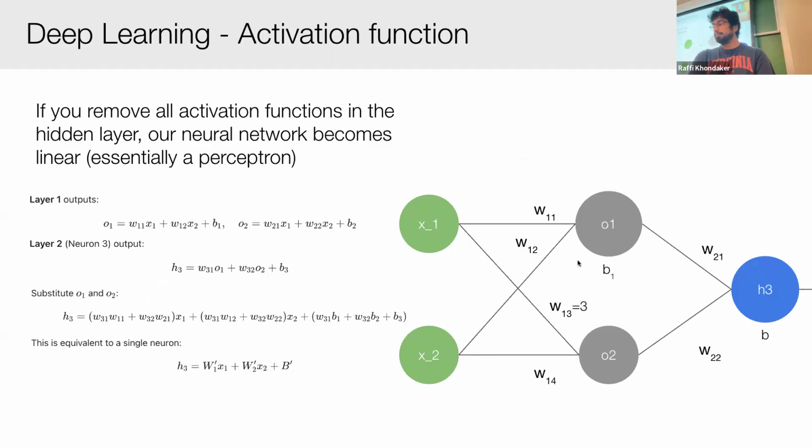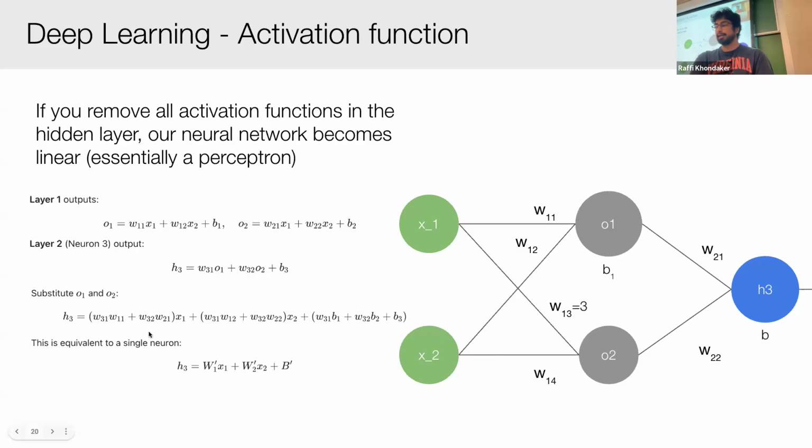So again, this is our neural network. We have our inputs, X1 and X2. The output of this neuron is O1. The output of this neuron is O2, right? So if we plug the outputs of these neurons into H3, which is our final output neuron, you can see that we can group the weights together, right?